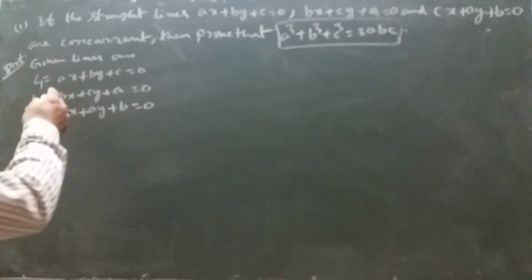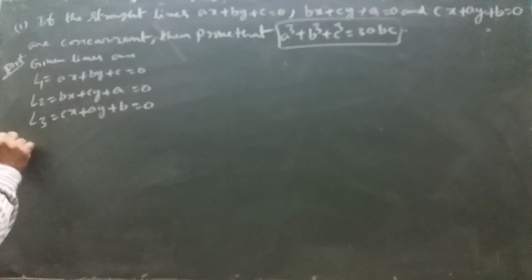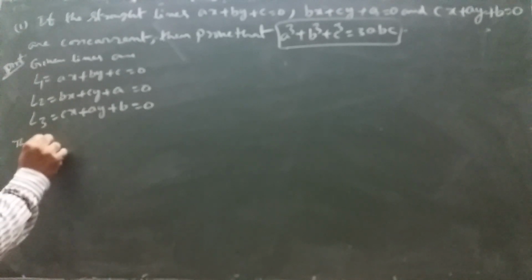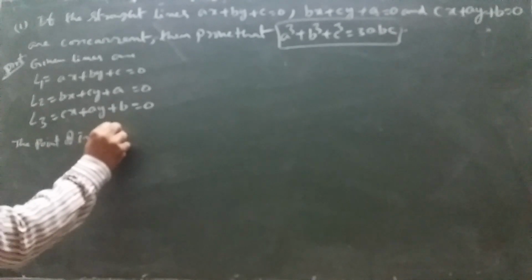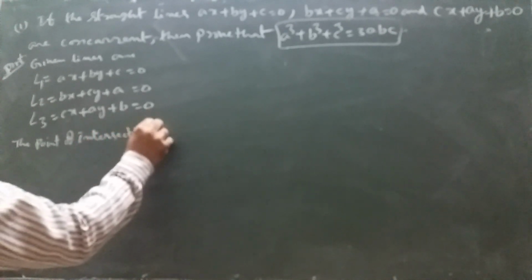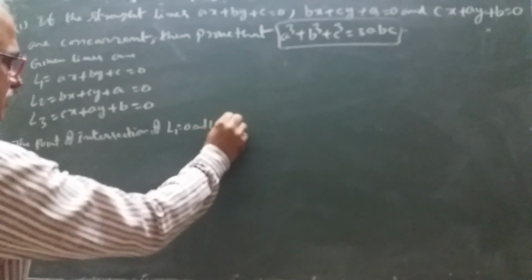First we have to find the point of intersection of L1 is equal to 0 and L2 is equal to 0.